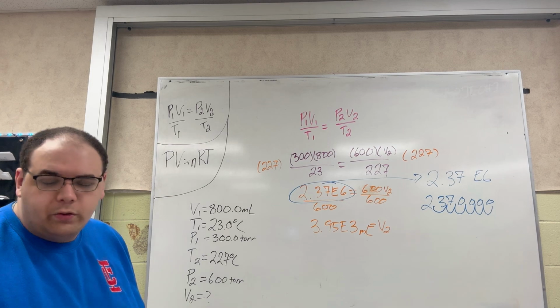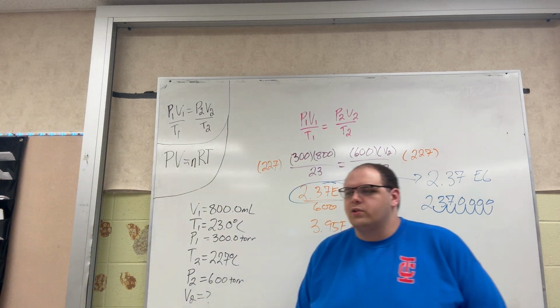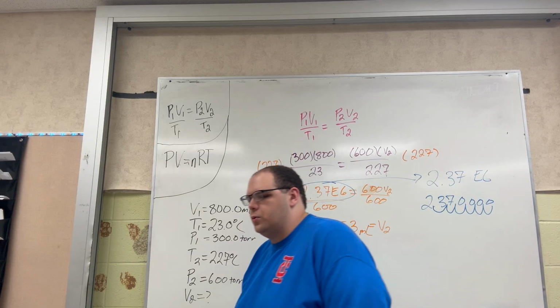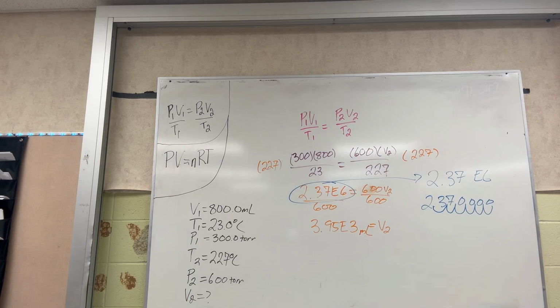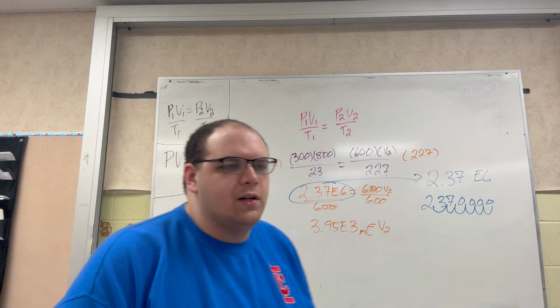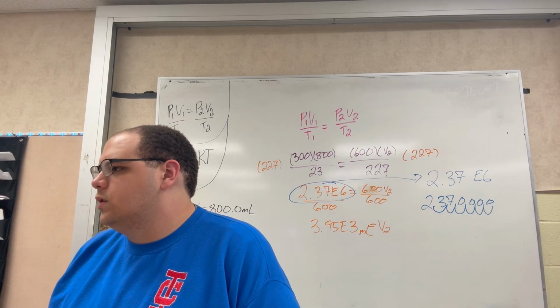N stands for moles. That's new. The R, that's your constant, and it's always the same number, 0.0821. I wrote that on the slide. And your temperature has to be in Kelvin. That's why we did temperature conversions and pressure conversions yesterday, because you're going to have to do those to get to the right unit for the ideal gas law. Cool.